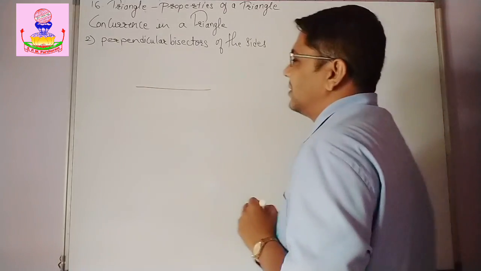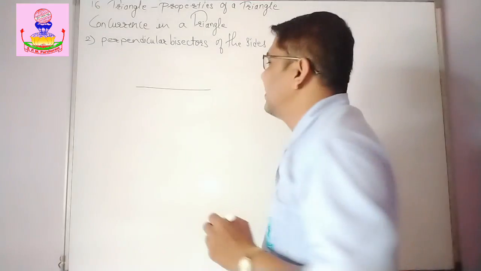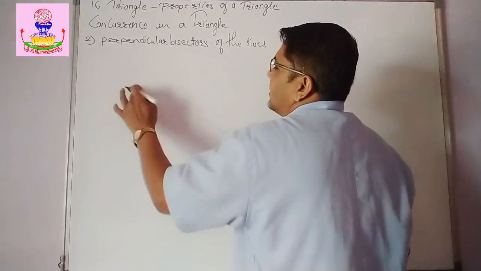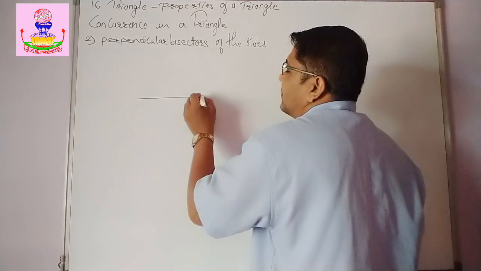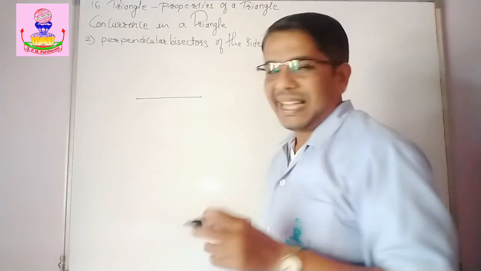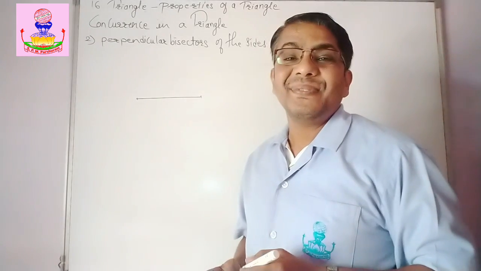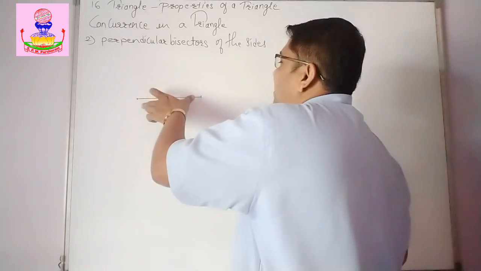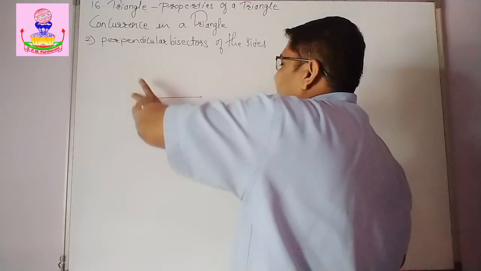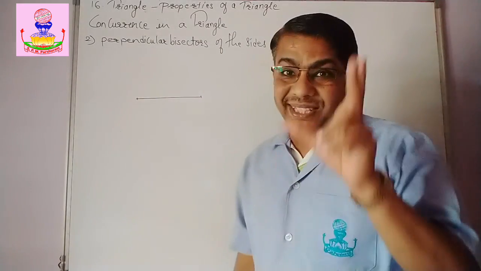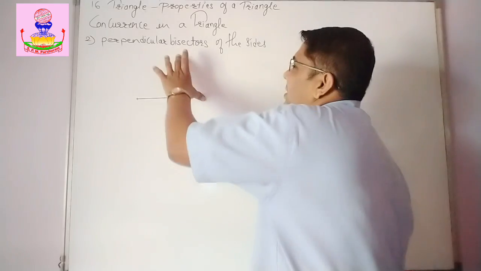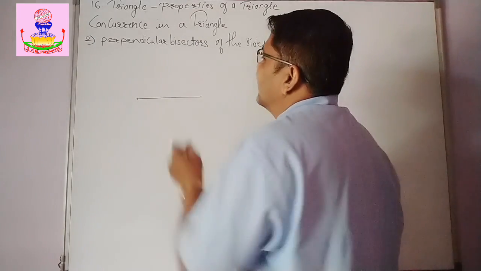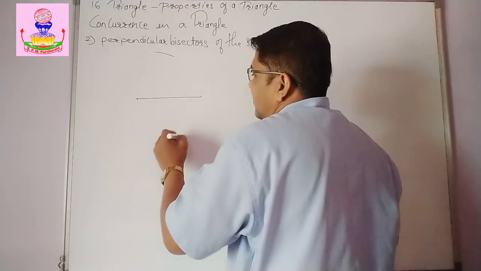Now what is a perpendicular bisector? We have learned. Suppose this is the segment and I want to draw a perpendicular bisector. So what do I do? I take a compass, right? Then I take more than half and I draw the arc like this from this point. And with the same distance, keeping the pointer here, I draw another arc like this.